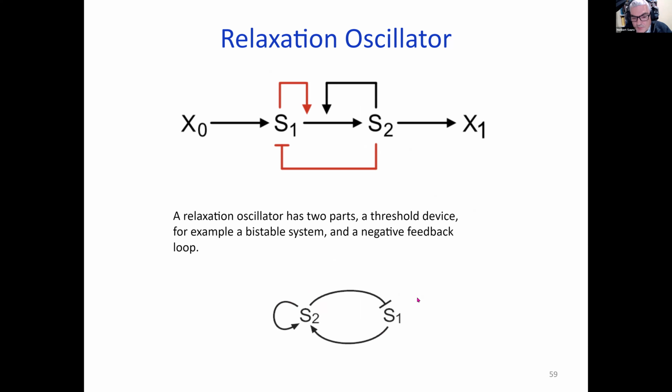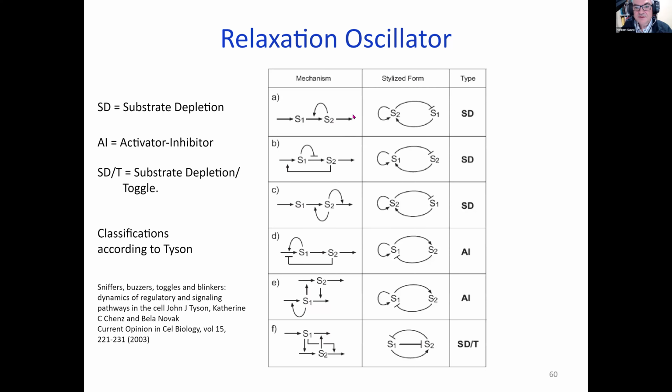This is the core principle as to how this oscillator works, but how you implement it is another matter. And in fact, this is from an old paper I had back in 2003. I can't remember when I published this, perhaps 2005, where you'll see this. I called it a stylized form then, but now I call it a design pattern.